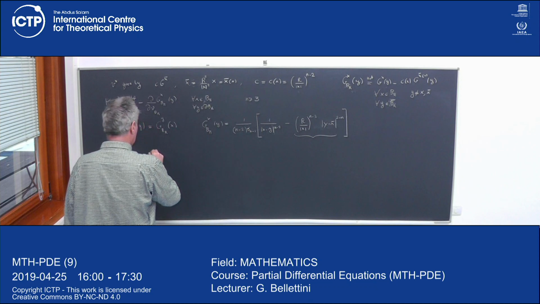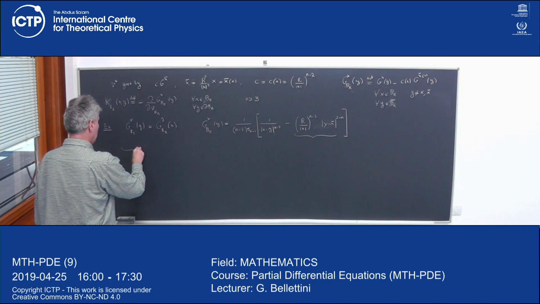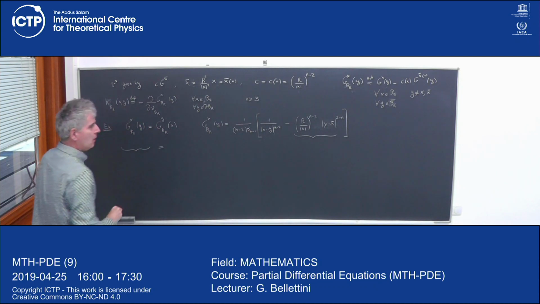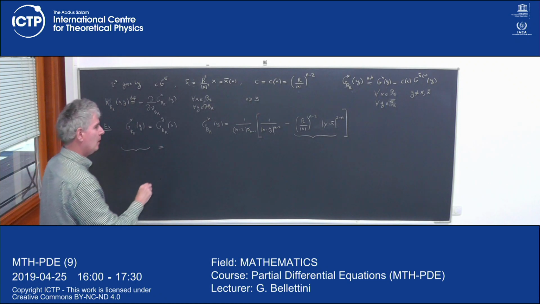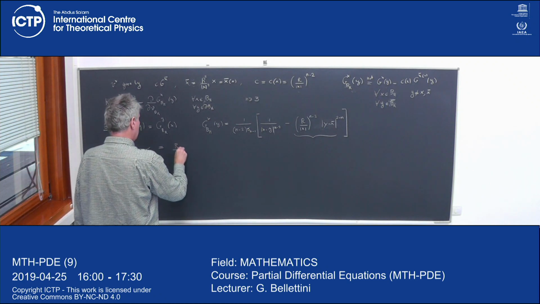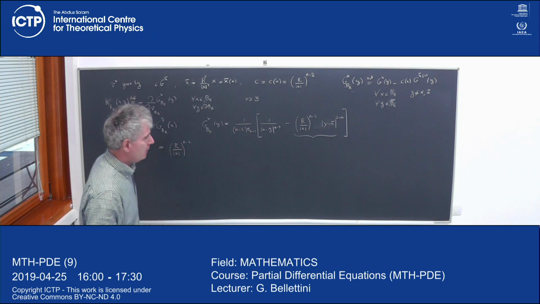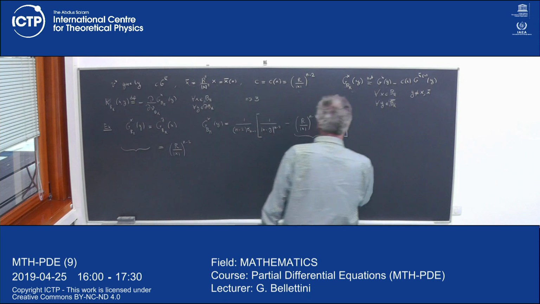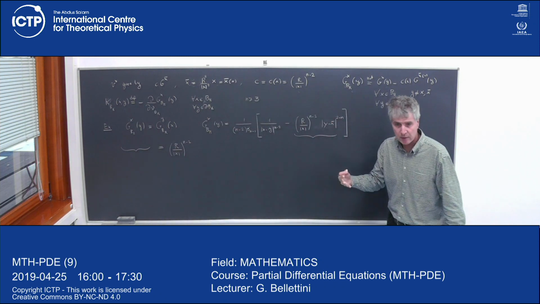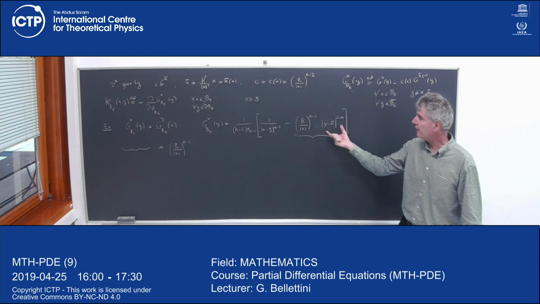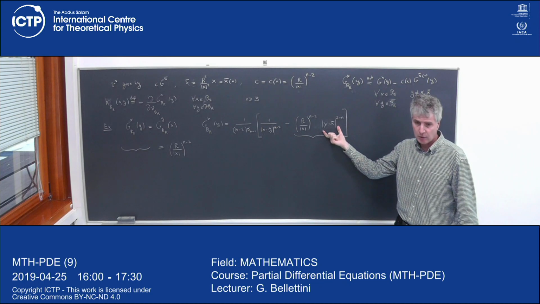We have r over |x| to the n minus 2. When we have norms, it is always convenient to have squares, so we take the square and then the square root.